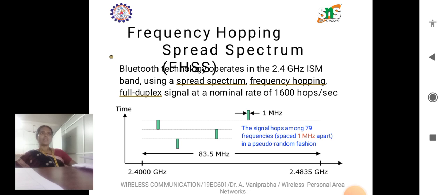So this is the spectrum representation of the frequency hop spread spectrum technique. 79 hops are shown here, and the interference caused by wireless networks and microwave ovens has been addressed here.